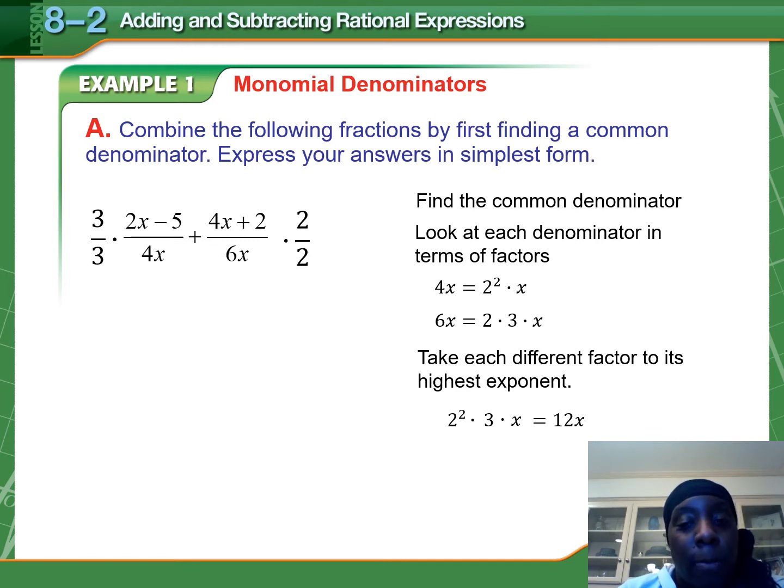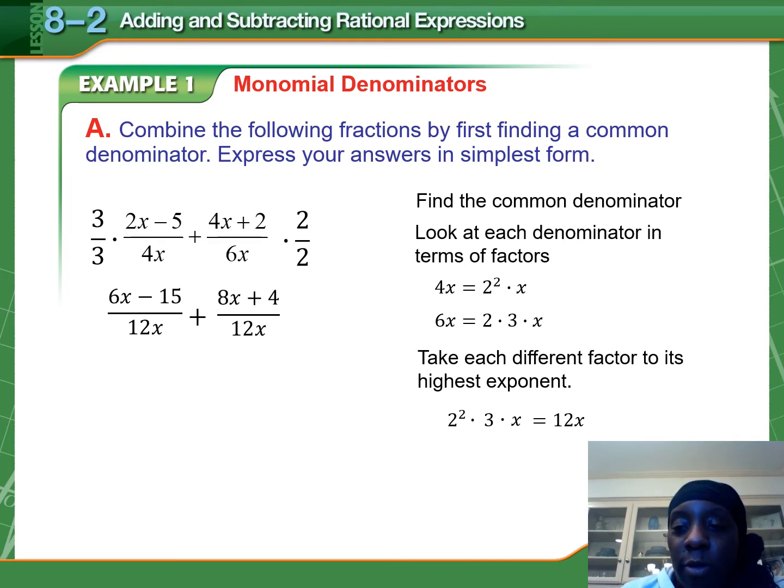So here, 3 times 2x gives 6x, 3 times 5 gives 15, and 3 times 4 gives 12x. And over there, I get 2 times 4x, 8x, and 2 times 2 is 4. And both of them turn into 12x.